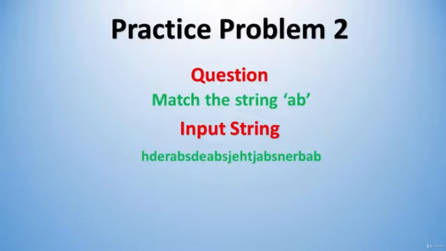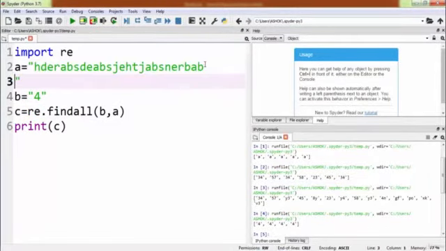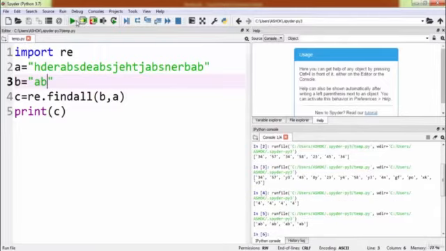And the second one is we have to match the string AB, and the input is given here. So to match the character AB, the pattern will be A followed by B, and when you run, the regular expression parses the input string to match all the possible occurrences of AB, and it will be stored in C.